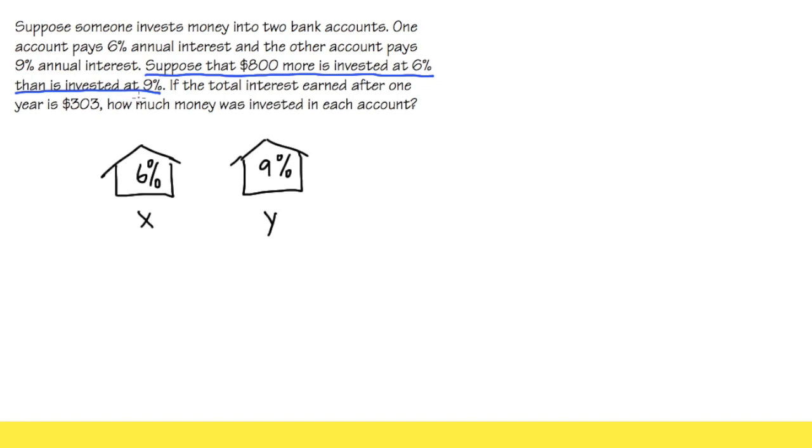Based on this sentence, which account has more money? We know it's the 6% account. How much more? $800 more than the 9% account.